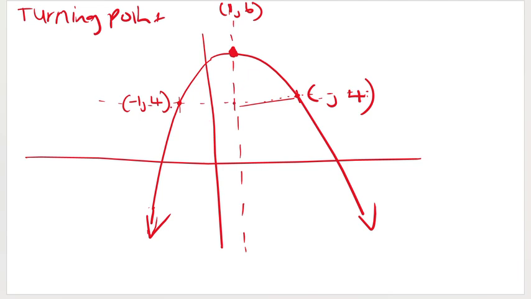So note, if this is minus 1 and this is 1, the distance from this to this is just 2. So the distance from this to this point will also be 2. And what that means is that our point here will be 3.